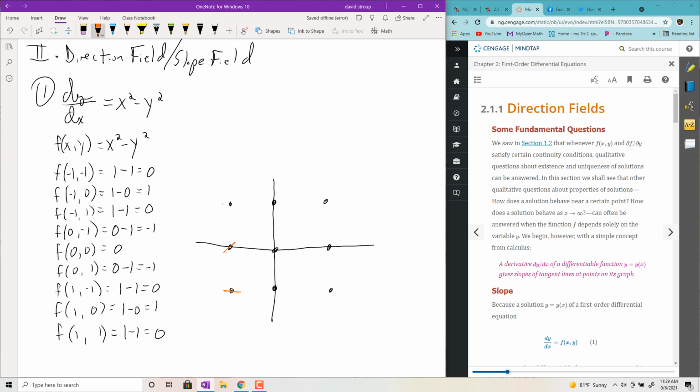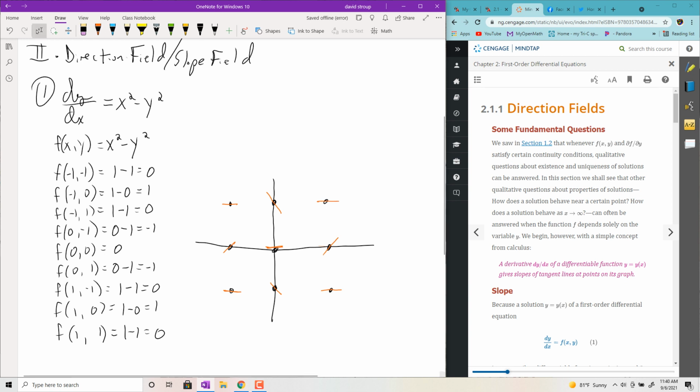Negative 1, 1 is back to 0, so horizontal slope. 0, negative 1 is going down 1 over 1. 0, 0 is just 0 slope, so horizontal. 0, 1 is going down 1 over 1. 1, negative 1 is 0 again. And then 1, 0 is positive 1, so going up like that. And then 1, 1 is 0 slope again.